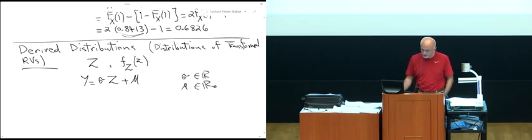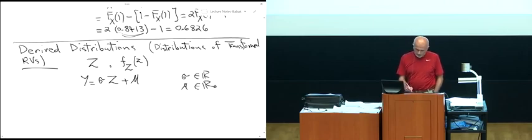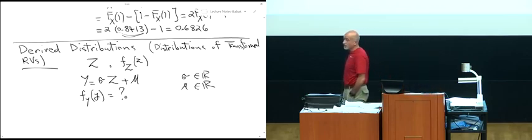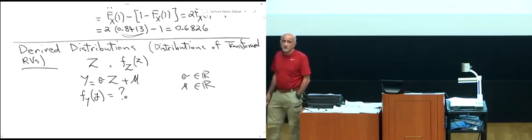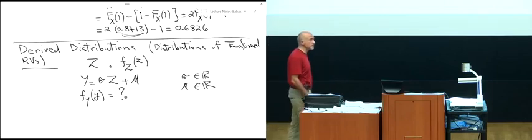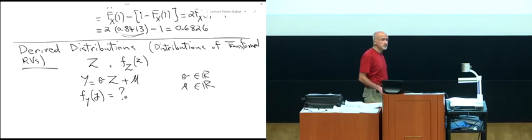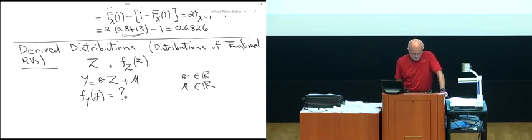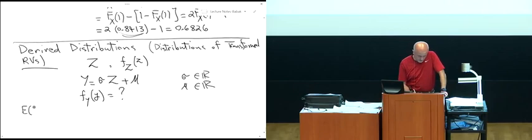They're deterministic. And I'm interested in the density for Y. If all I ask you is what's the expected value and the variance of the random variable Y, you don't need the density for Y to answer that question. What is the expected value for Y?